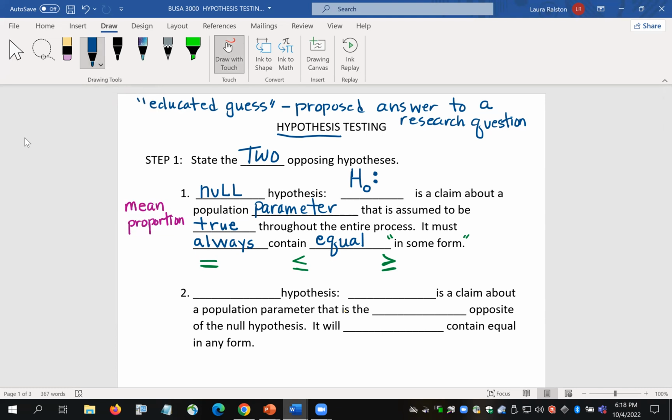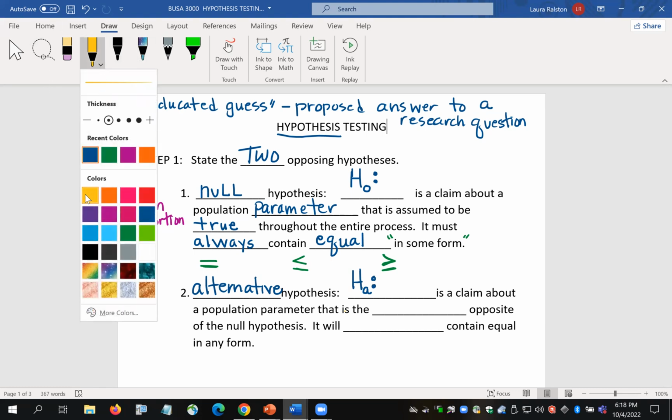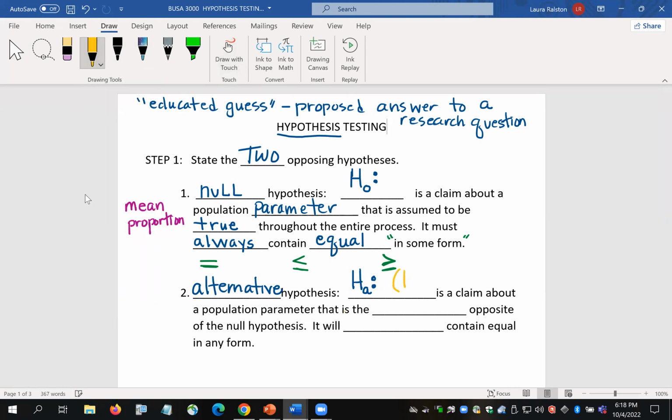Okay, the second hypothesis is called the alternative hypothesis. Its symbol is a capital H for hypothesis with a subscript of A. A for alternative. I will mention that in some texts, they use H with a subscript of 1.